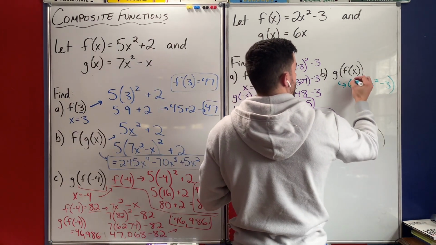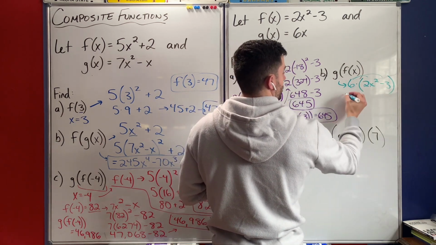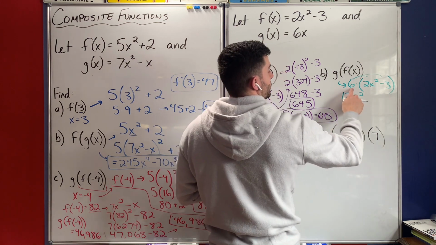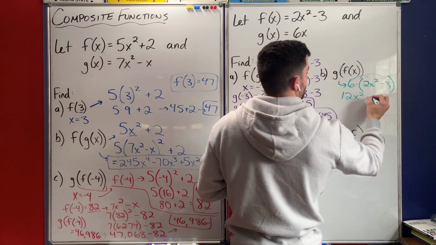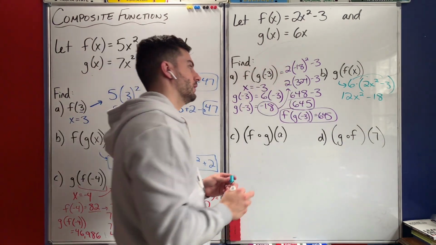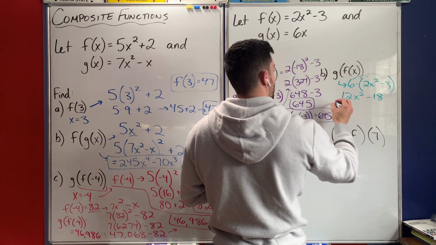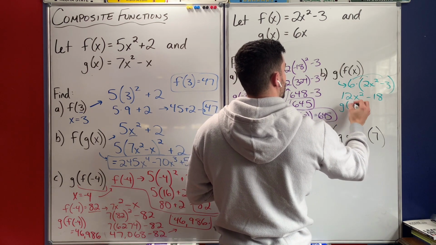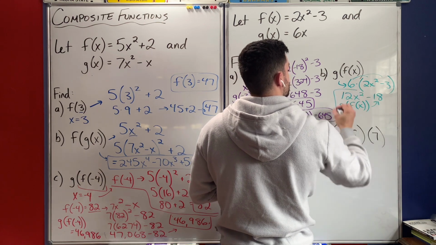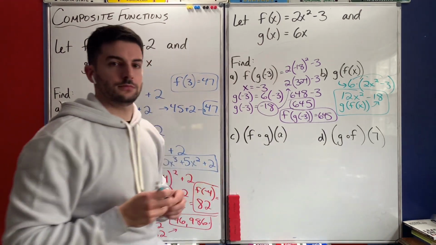I distribute that. 6 times 2x squared would give me 12x squared, and then 6 times negative 3 would give me negative 18. And I can't reduce that at all either. So as my final answer, g of f of x equals 12x squared minus 18.